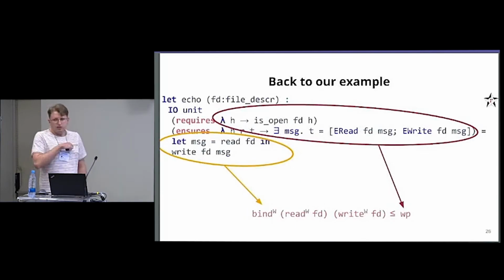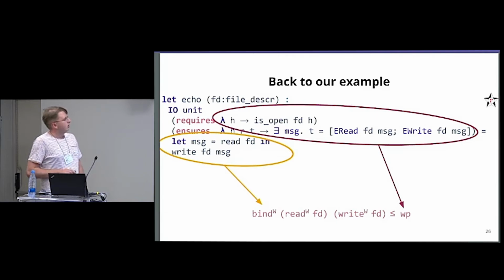Okay, so by using the extra monad interface, F-star verifies our example. So how does it do that? Well, here the binds and returns are hidden, but it uses the binds. Here, applying the bind of the extra monad, it obtains the specification of this code by binding the specification of read and the specification of write.